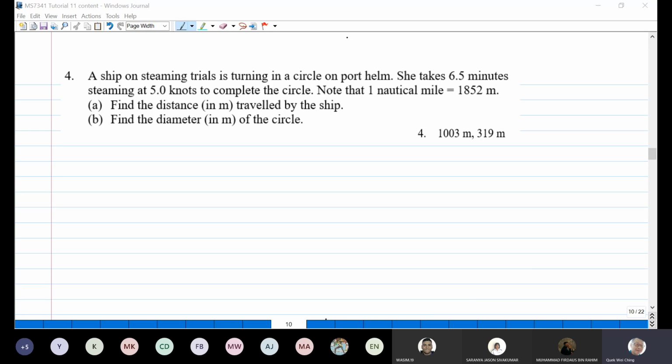Alright, so let's look at question 4 again. What is question 4 about here? Sometimes the question is difficult to understand. So actually this is about a circle. The ship is turning around the circle here. So you can see that in a circle.